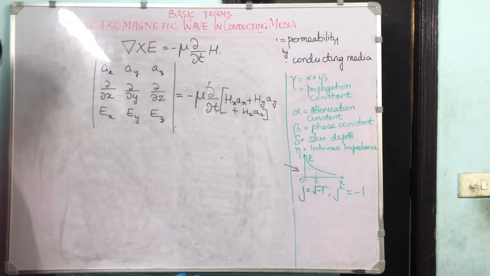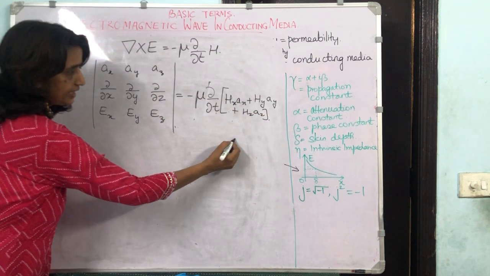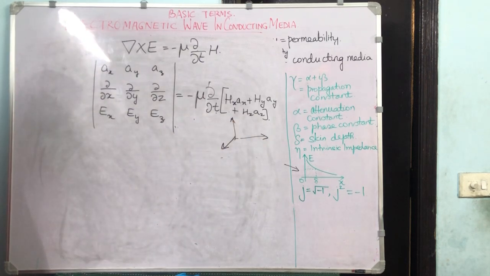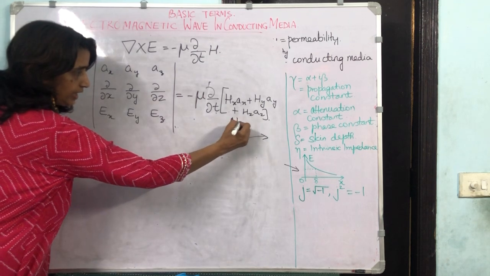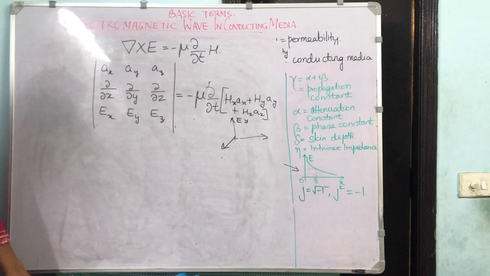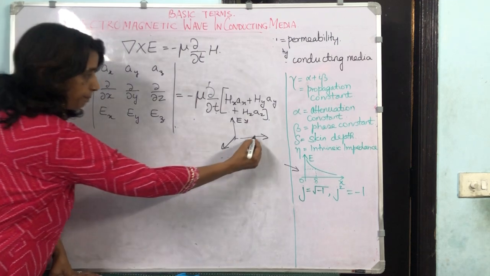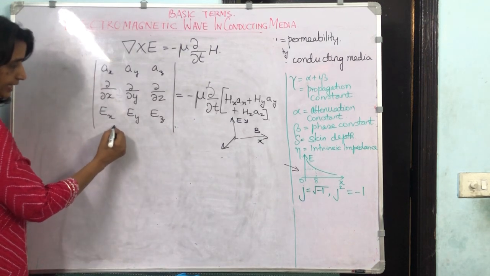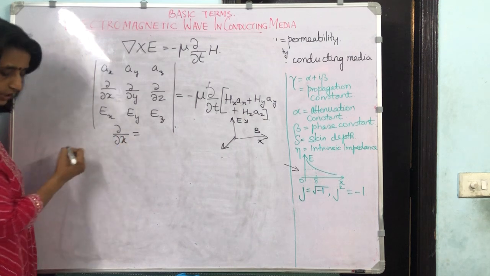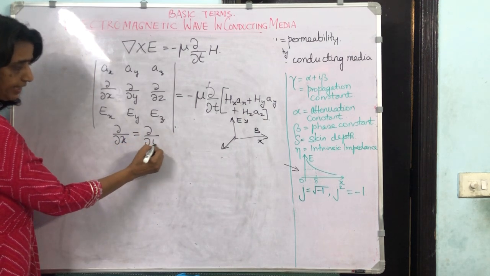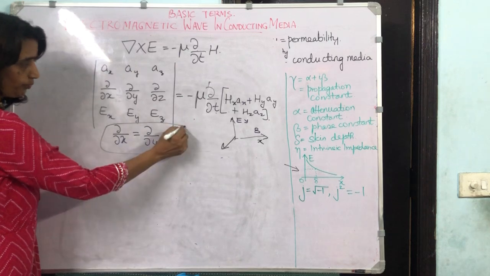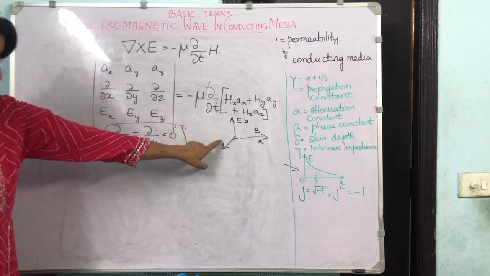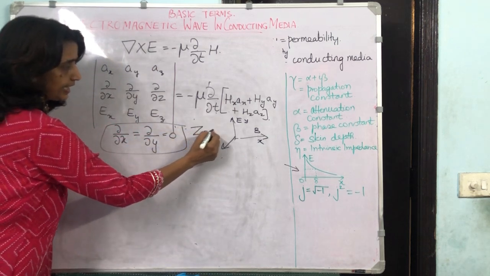Now for a forward wave which is traveling in the Z direction, electric field E will be in the Y direction and magnetic field H will be in the X direction, and hence del upon del X is equal to del upon del Y is equal to 0, because this wave is traveling in the Z direction.